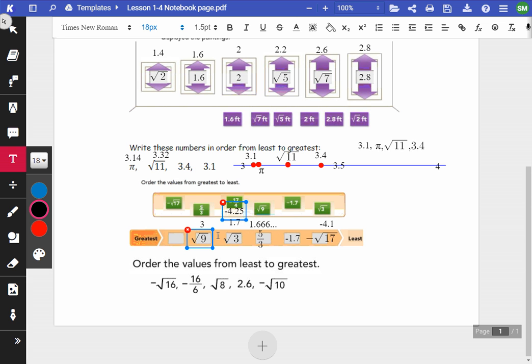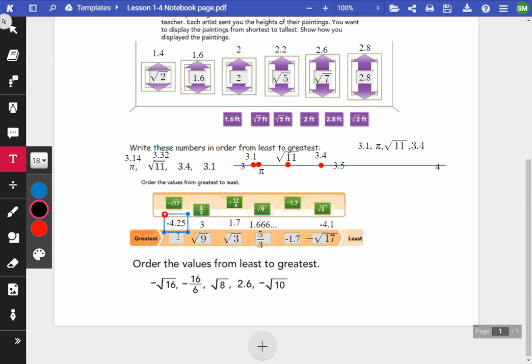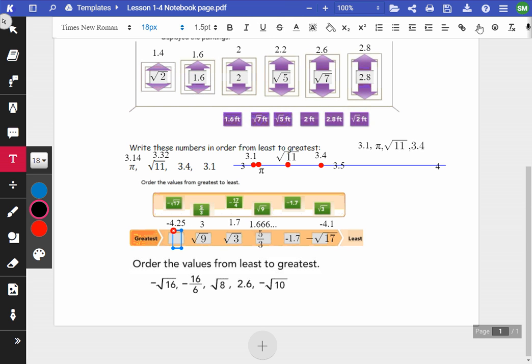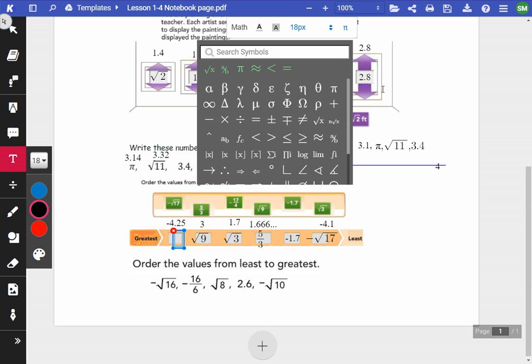I'm going to put a negative there. Negative 4.25, which, if I pull up my thing here, I can go A over B. Oh, but I need to do the negative first. Negative, and then 17 over 4. There we go.